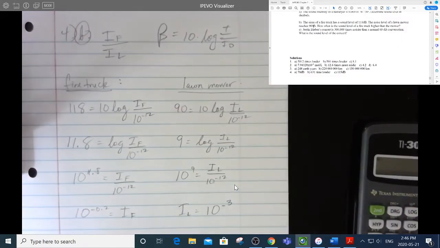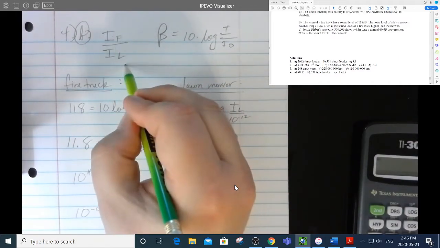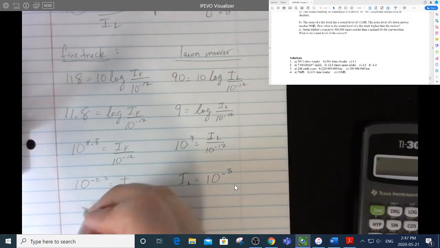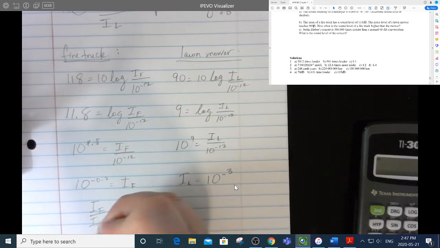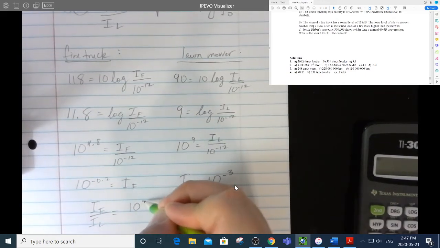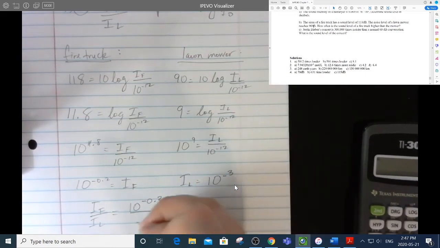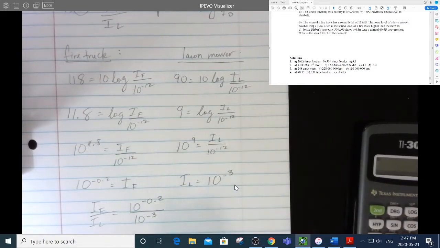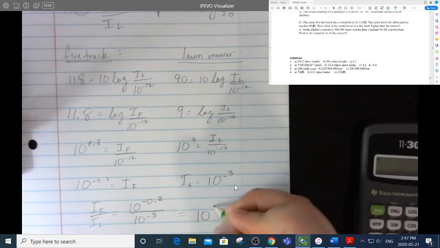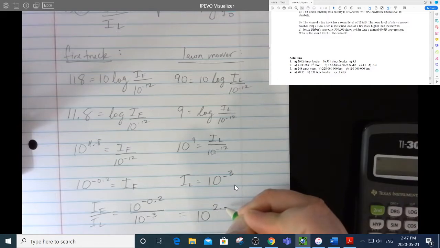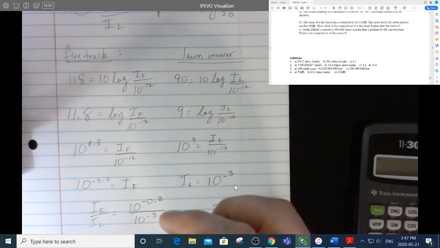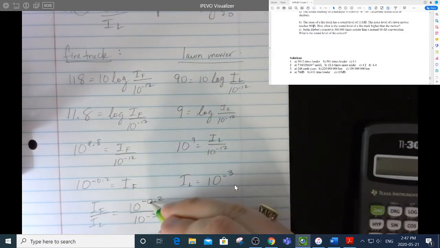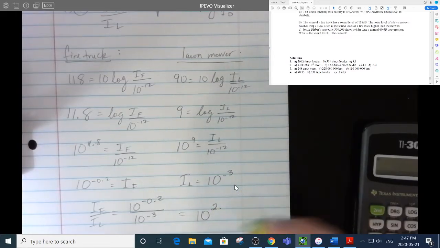And remember what we wanted. We wanted I of the Firetruck over I of the lawnmower. So that's 10 to the negative 0.2 divided by 10 to the negative 3. So that's negative 0.2 minus negative 3, which is... That's what confused me.